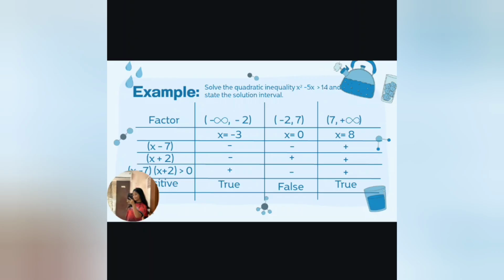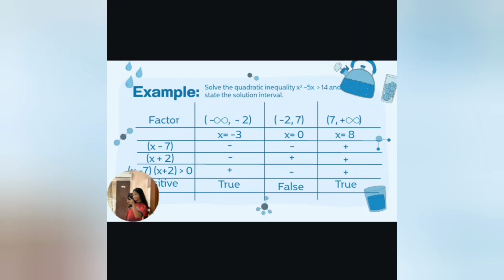After that, we also add negative 3 and positive 2, which will become negative 1. So we put the negative here. After that, we multiply the negative times negative, so it will give us a positive, since like signs give positive and unlike signs give negative, as we see in the rule of multiplication. Since it is positive, the answer is true.